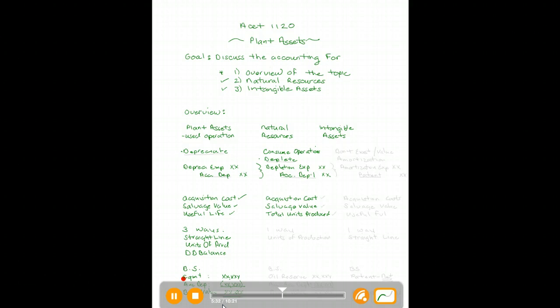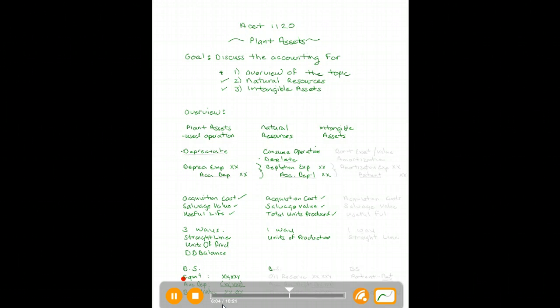We learn one way to deplete it. Of the methods you've learned to depreciate, which one makes sense for something that you consume? And hopefully, units of production comes straight to mind, and we'll write it off as we consume the asset. And again, although we know the cost, the salvage value and the total units we'll be able to produce are an estimate, so depletion is in and of itself an estimate.